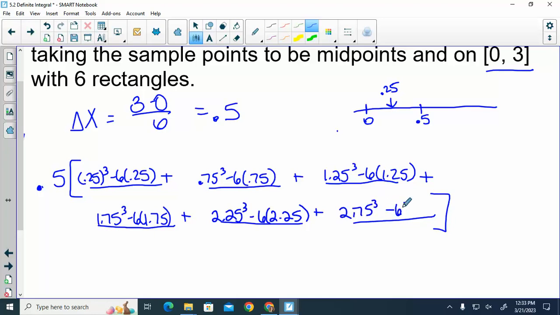Notice that is the last point inside my interval. Okay, it's smaller than 3. If I added 0.5 again, it would be 3.25. That's outside my interval. So do you guys all see where I got the numbers I plugged in? So now it's just pushing buttons on our calculator and seeing what we get.